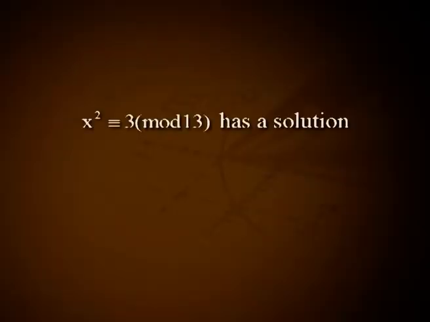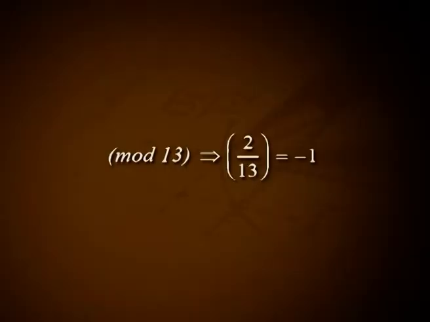Also, 3 is a quadratic residue mod 13, since x squared congruent to 3 mod 13 has a solution, which implies the Legendre symbol 3 by 13 is equal to 1. Example 5. But x squared congruent to 2 mod 13 has no solution, so 2 is not a quadratic residue mod 13, which implies the Legendre symbol 2 by 13 is equal to minus 1.